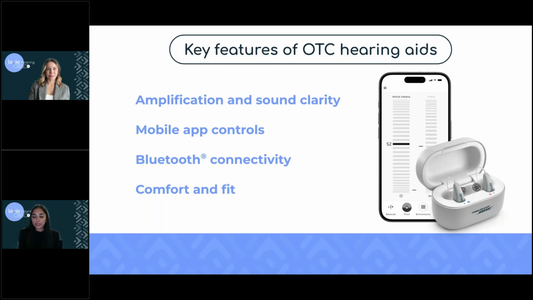While OTC hearing aids don't involve in-person fittings, they are designed for comfort and fit. Most come with multiple ear tips. We all have lovely, weirdly different shaped ear sizes and shapes, but these ear tips will really allow for a comfortable fit, and you can find the fit most comfortable for you.